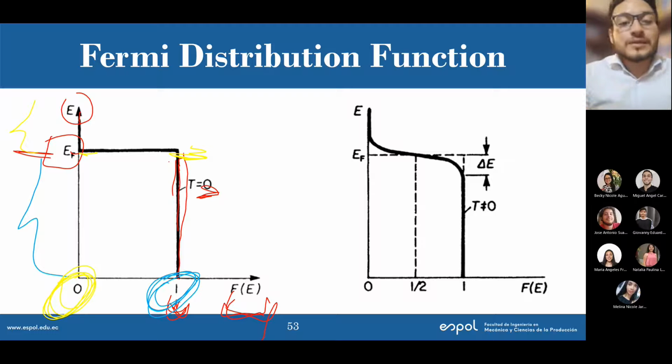And now look at the graph. What happens with the Fermi energy? Just looking at the graph, how do you define the Fermi energy now?